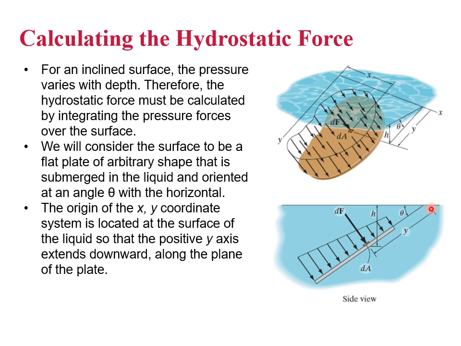So here, y is going to represent the distance down from the surface of the water to a point on the plate itself. h is the distance from the surface vertically downward to the point of interest. Theta is the angle of the plate to the surface of the water.